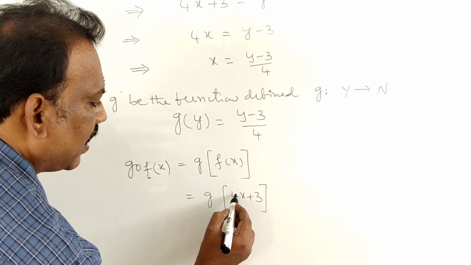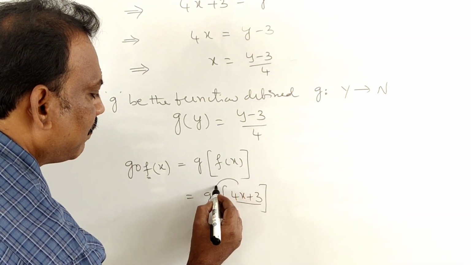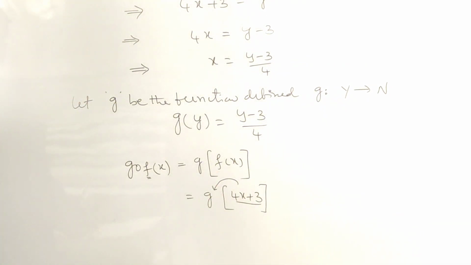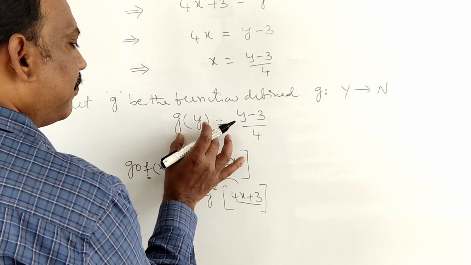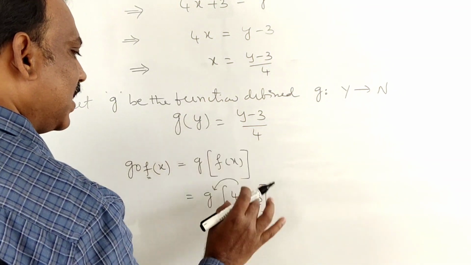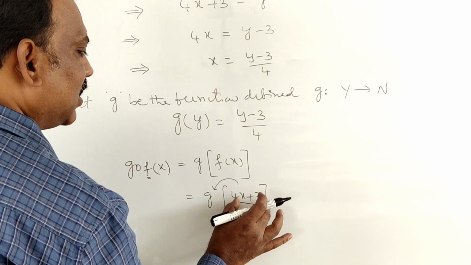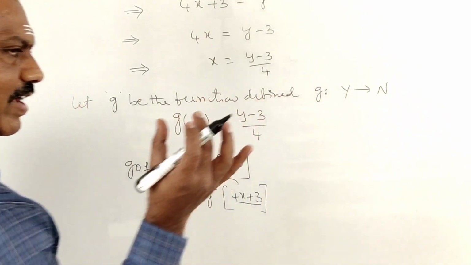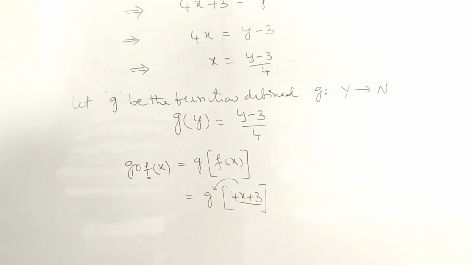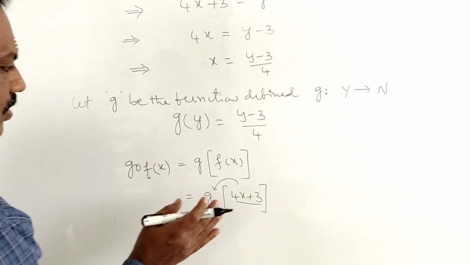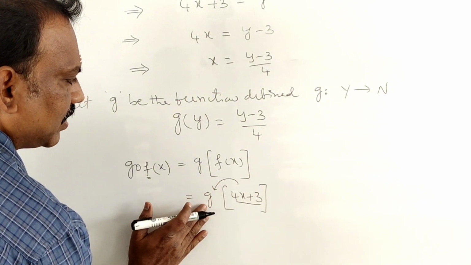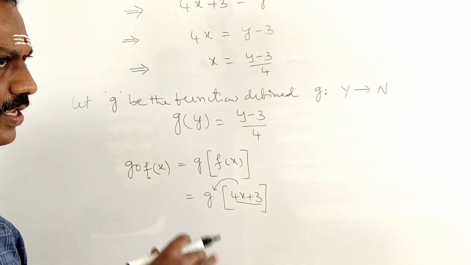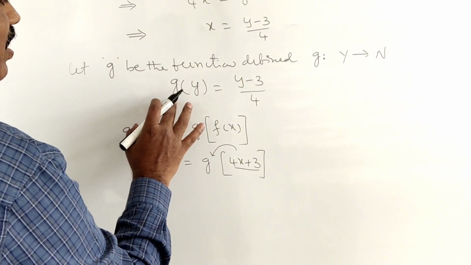Now this value we are going to replace in g. What is g? G of y. So in y's place we have this entire value. Be careful, students. This entire value we have to replace in g's variable. What is the variable?